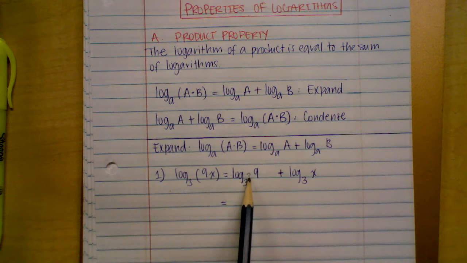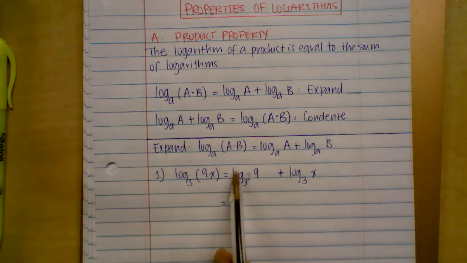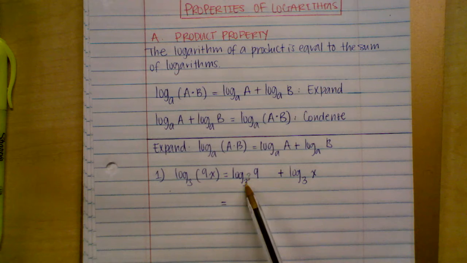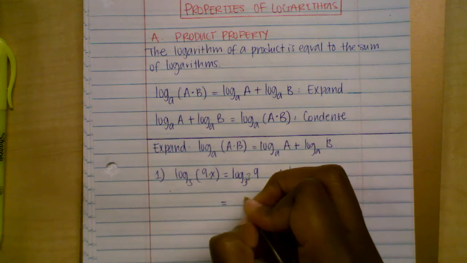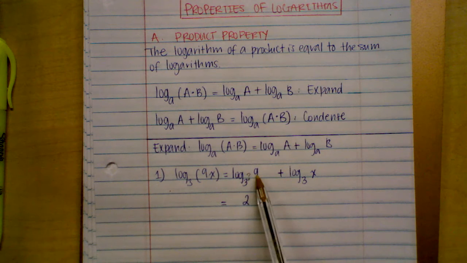Can the exponent be 1? 3 to the first power is 3. But you want 9. So remember, 3 squared gives us 9. So I can evaluate this log as being 2. The exponent you give to the base 3 so the answer is 9 is 2.